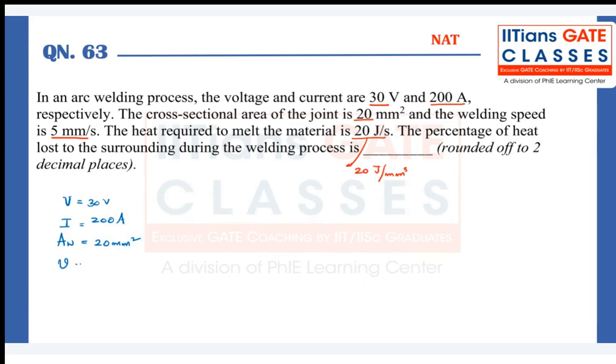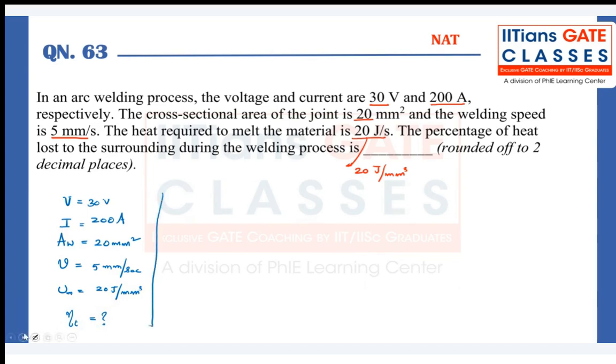Welding speed v is equal to 5 mm per second. Unit melting energy is 20 joule per mm cube. Now what we need to find? Heat transfer to the surroundings. This is what we need to find.